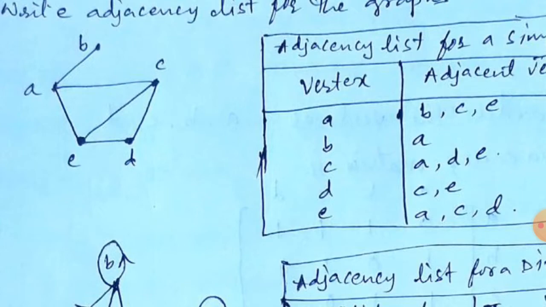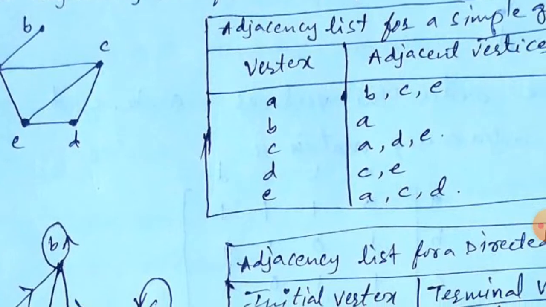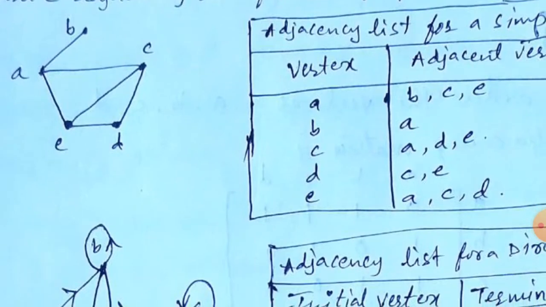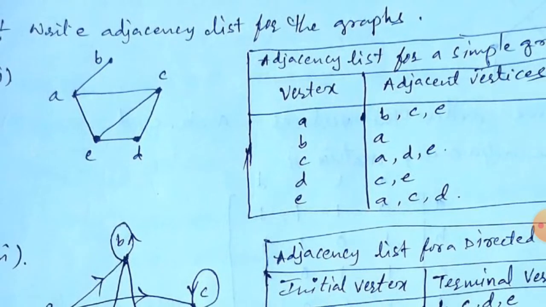That's why D is not adjacent to A. Similarly B is adjacent to A, C is adjacent to A, D, E, and observe E is adjacent to A, C, D. Observe E has lines to A, C, D only. So these are the adjacency lists.